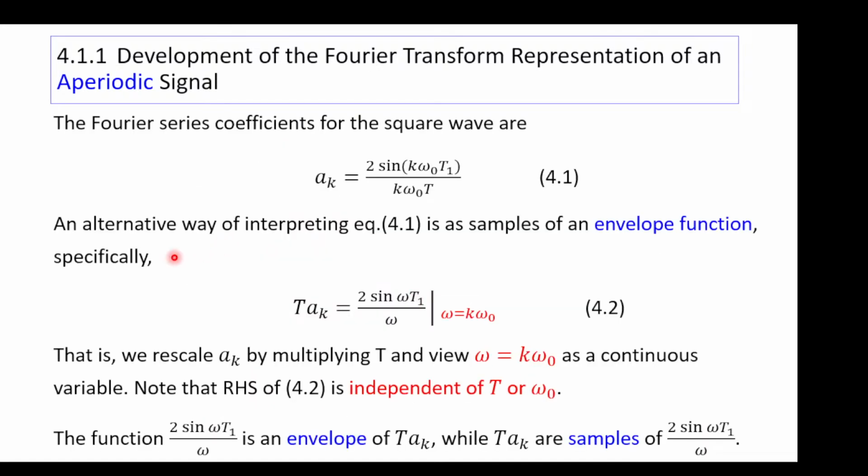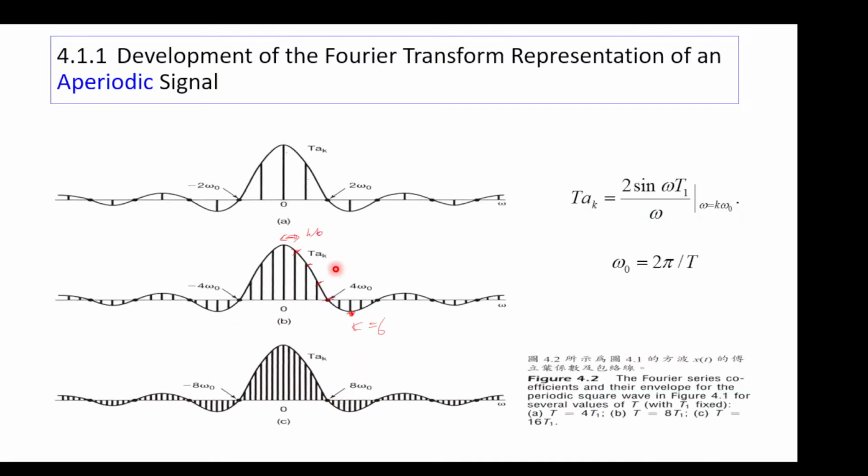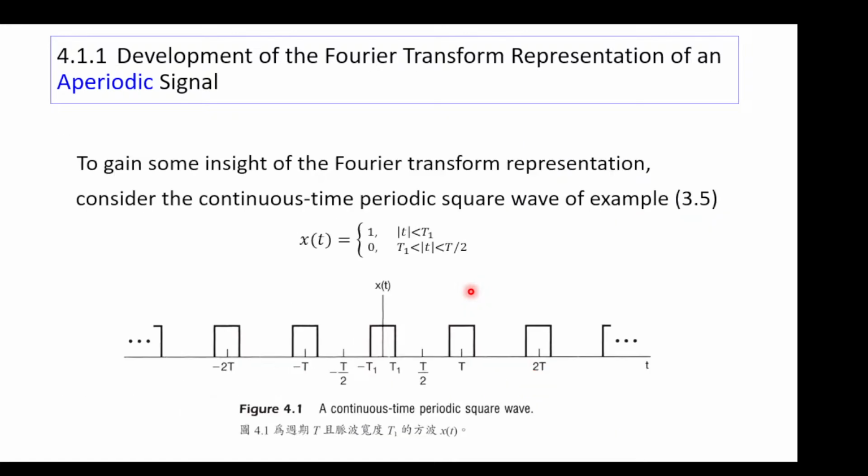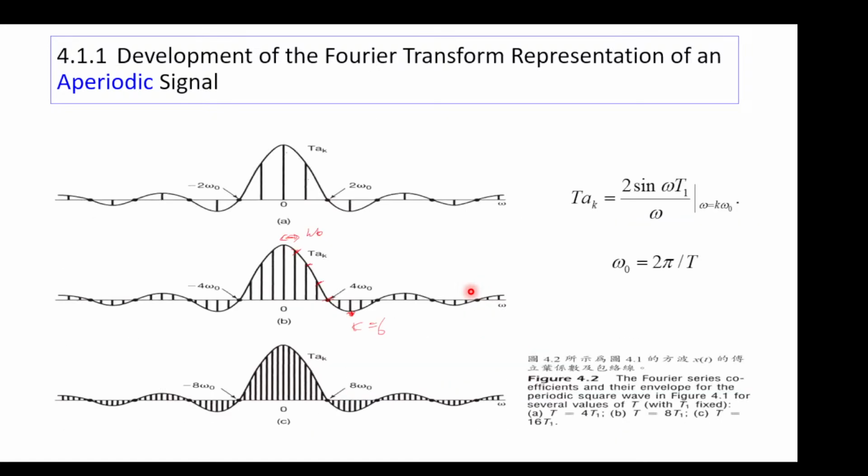Because this T a_k function is independent of your big T, it actually represents every frequency component of your x(t) when T goes to infinity. So that's a rough idea.